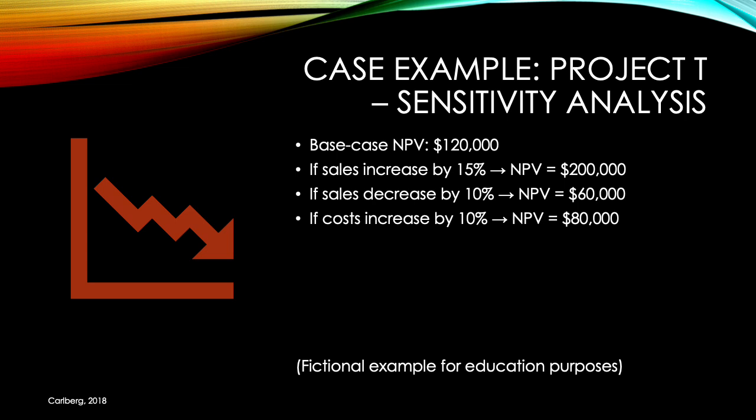What this shows is that sales volume is more sensitive than cost. A moderate change in sales leads to a much bigger shift in the project's value. So if you're managing Project T, you know that accurate sales forecasting and customer demand are critical risk factors. This example reflects the kind of analysis outlined by Carlberg and is typical of how businesses test assumptions before approving major investments.